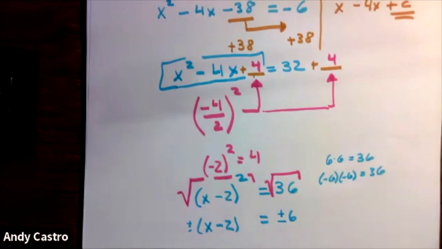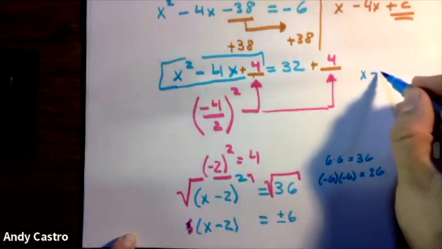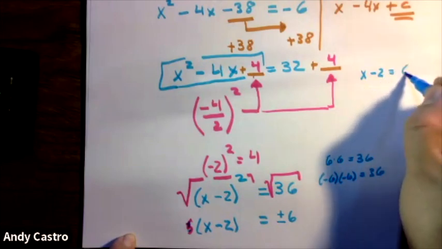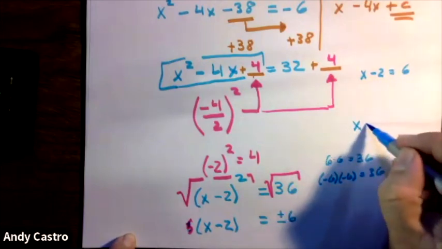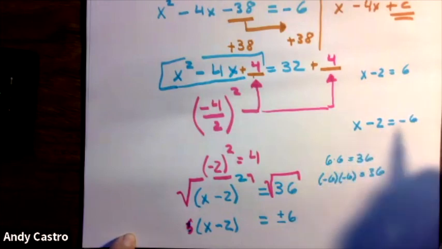Okay, so then what we're left with is x minus 2 is equal to plus or minus 6. So we have two things this could end up being. X minus 2 could be 6, or x minus 2 could be -6.